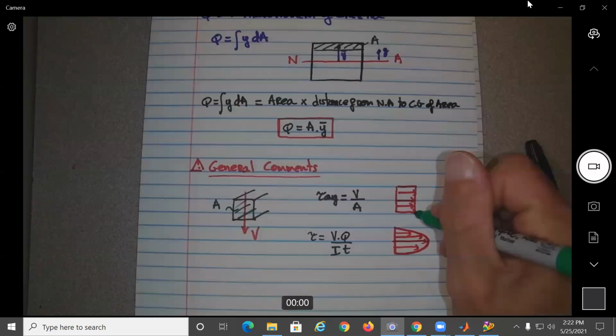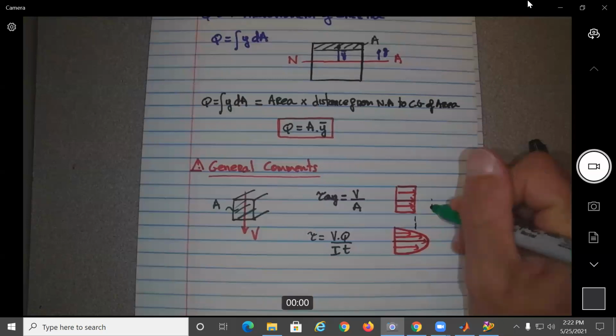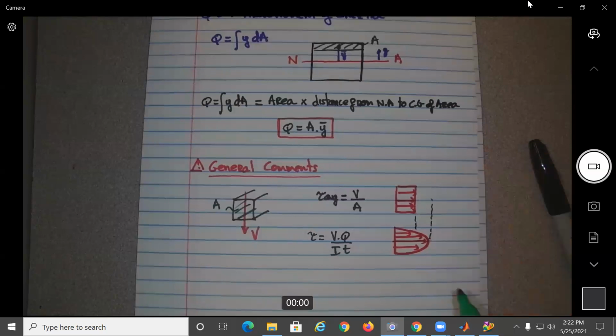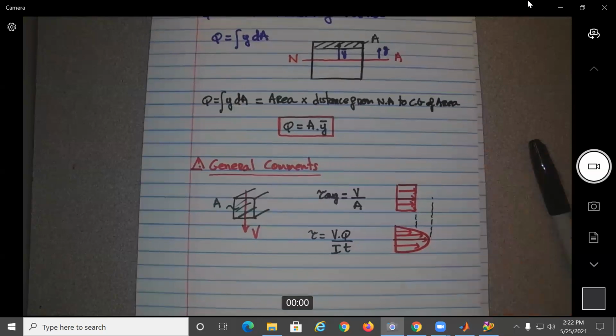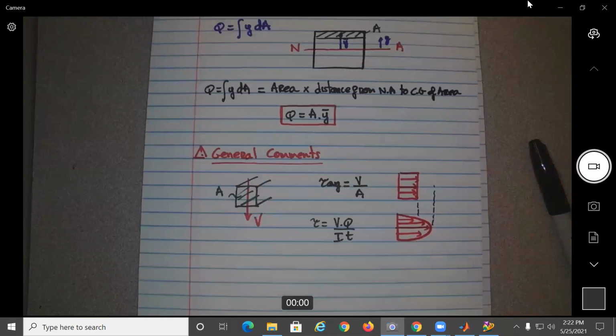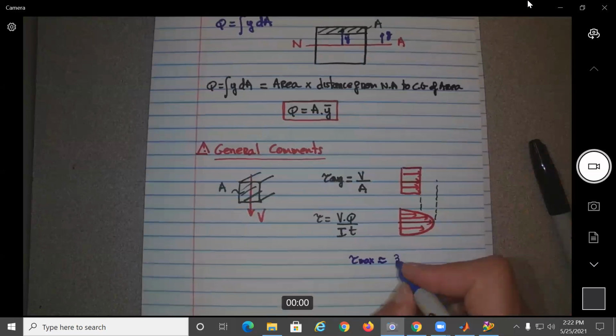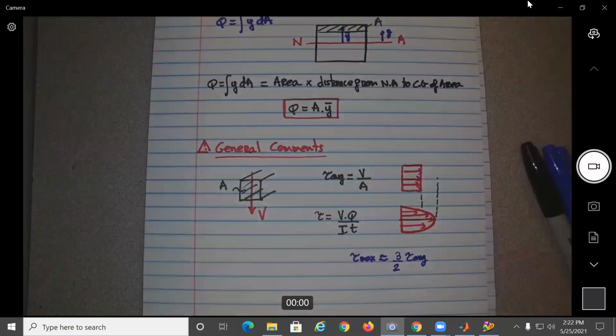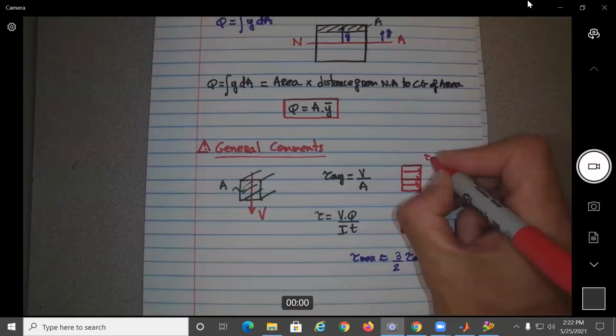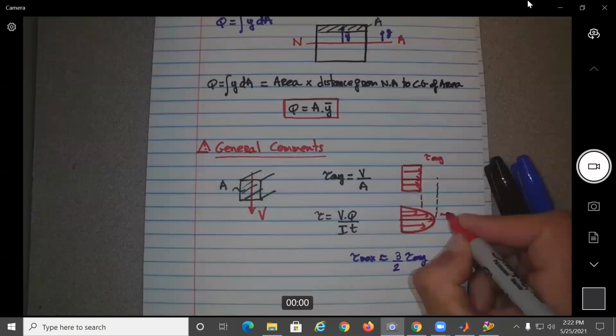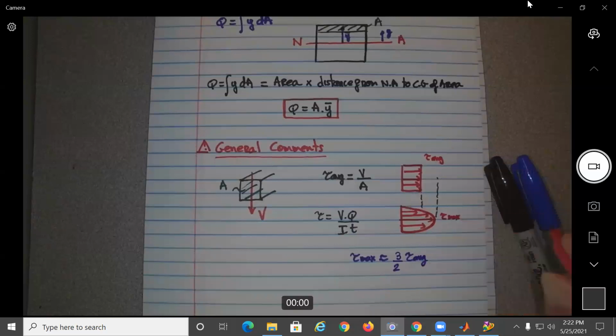And I want you to notice that there is a big difference with respect to the maximum value. For a rectangular cross section, it is exactly, but I'm going to say more or less, 3/2 of tau average. See, tau average, tau max.